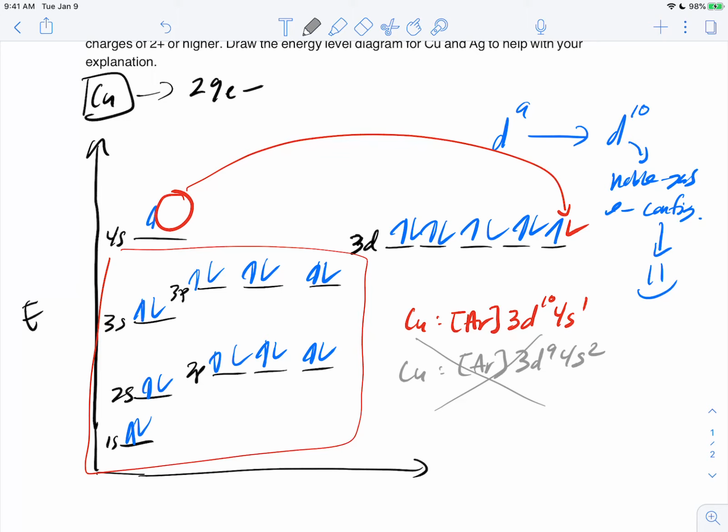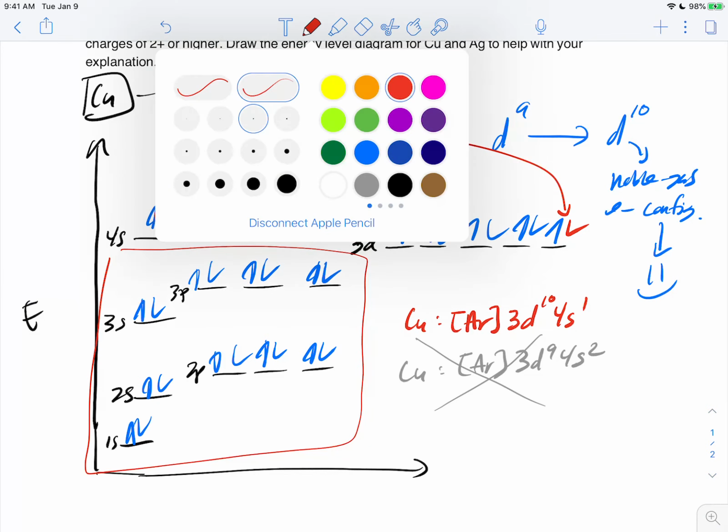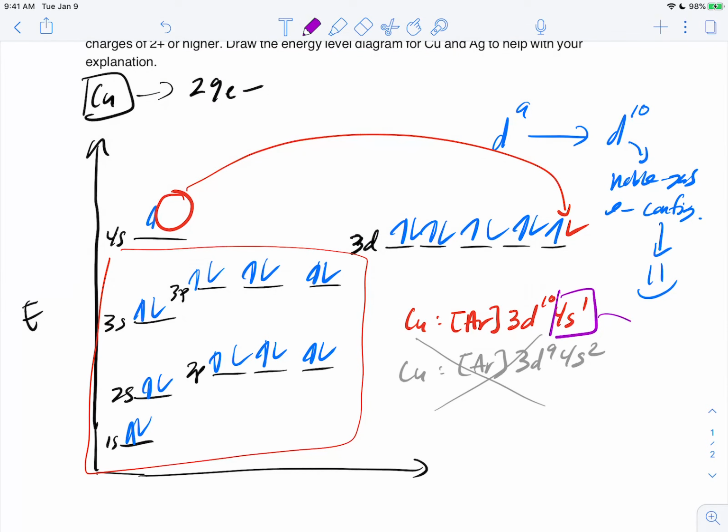And to answer the question, this makes a lot of sense. Why is copper always +1? Well, what electron are we going to remove first? The 4s electron, again there's only one, is removed first. So that gives us copper +1. But why don't we make copper +2?